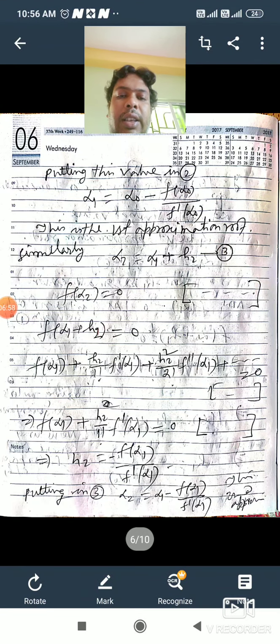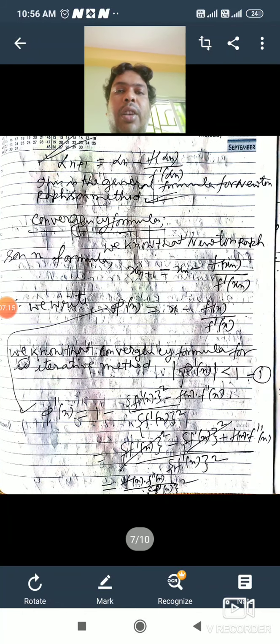So we calculate h2 = -f(α1)/f'(α1). Putting this value in equation 3, we get α2 = α1 - f(α1)/f'(α1). This is the second approximation formula. In a similar way, we get α(n+1) = αn - f(αn)/f'(αn). This is the general formula for the Newton-Raphson method.